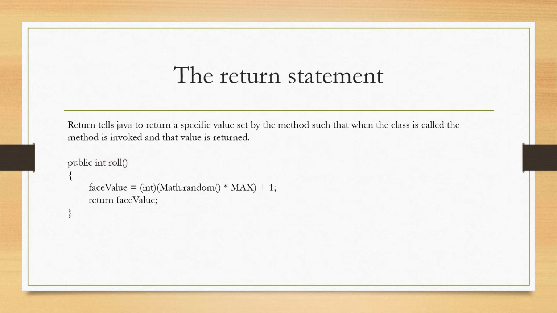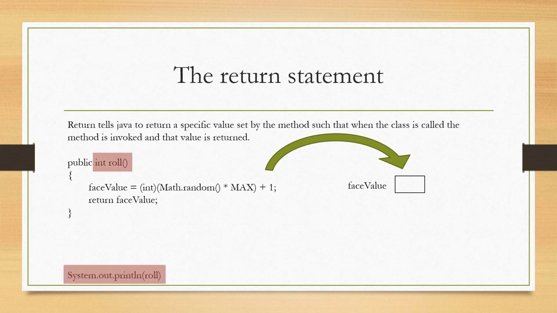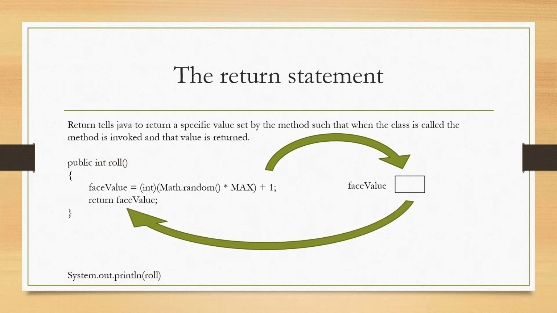Inside the method are instructions to create a variable called face value that will be given a value of a math problem. Java will perform the math problem, store that value as the variable face value. Now when the method roll is invoked, the value that was stored for face value will be displayed or used.